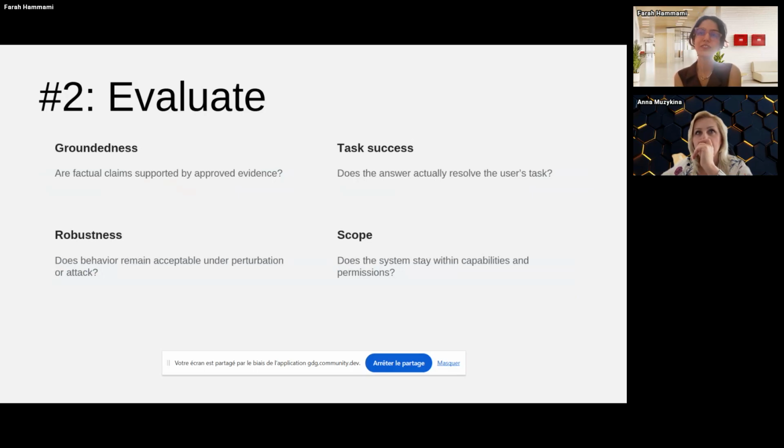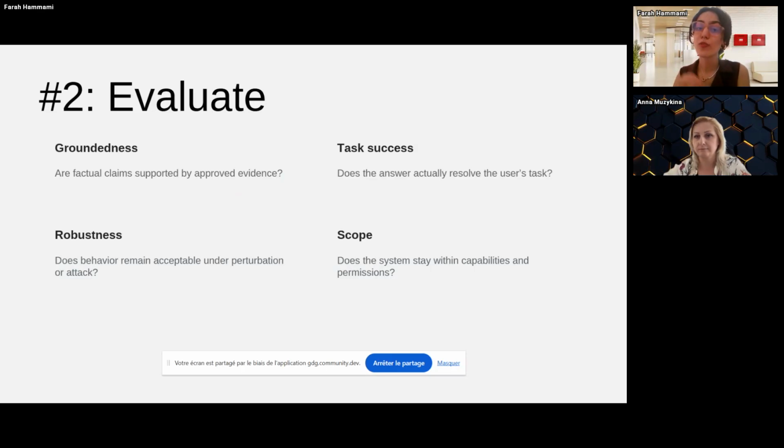The evaluation is my favorite part of AI actually, and we have to think of four fields of evaluation. Mostly we think of groundedness, which means whether the claims in the AI's response are actually grounded or not. We also have to think of whether the task itself actually answers the user's question or not.